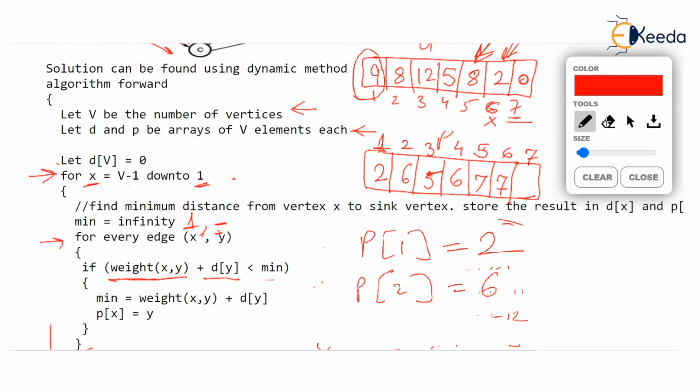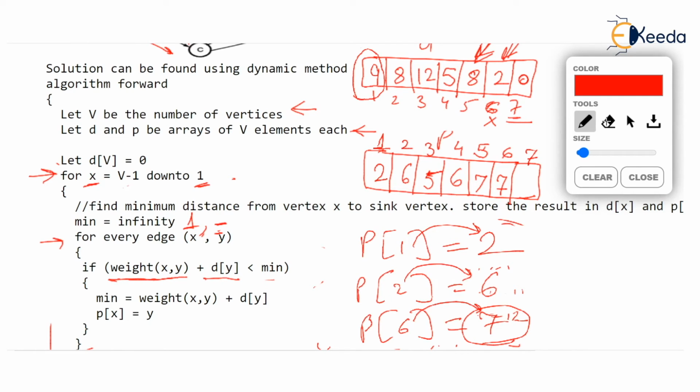Now, P2 is 6. Observe. And what is P6? P6 is 7, but 7 is your destination. That means you should go from 1 to 2, then 2 to 6, and 6 to 7 to reach your destination.